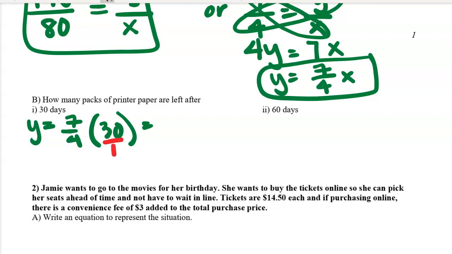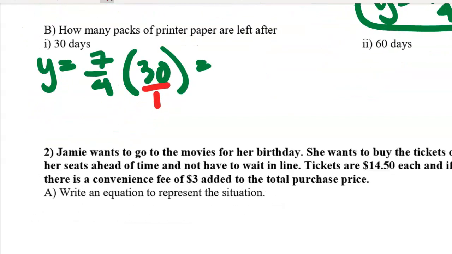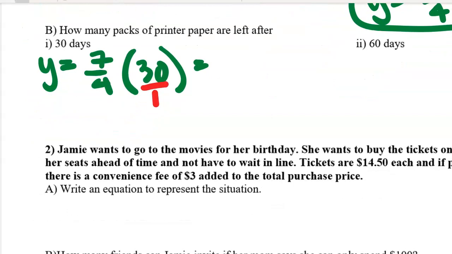This is kind of like 30 over 1 right here. When you multiply fractions, what should we do? Okay, multiply horizontally, or I can reduce first. 30 and 4 are both even. We can start reducing by 2. So 4 divided by 2 is 2. 30 divided by 2 is 15.